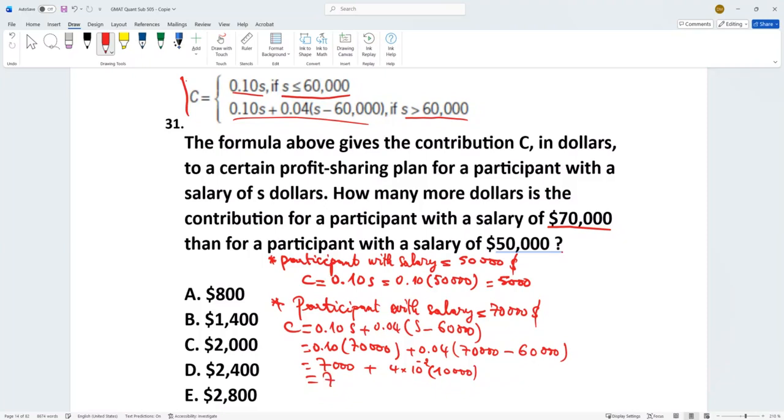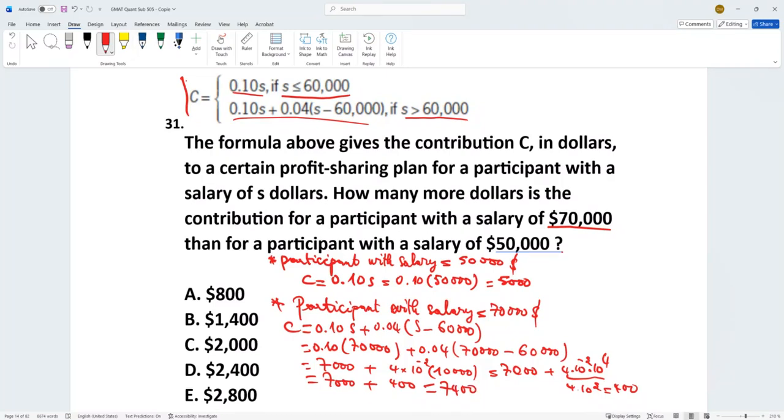Then this will give us 7,000 plus 400, because 4 times 10 to the power minus 2 times 10 to the power 4 is 4 times 10 to the power 2, which is equal to 400. Okay, so this will give us 7,400.